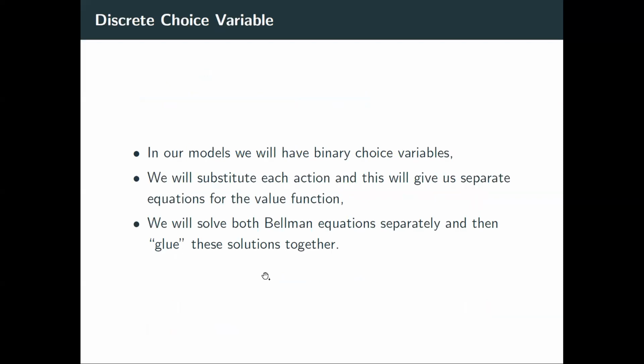Okay. So one minor comment about the model that we will have. I noticed not that long ago that in the model that we will have, we'll always have binary choice variables.